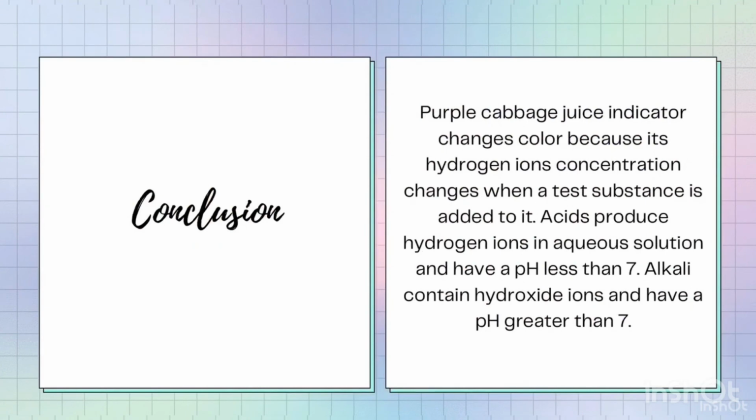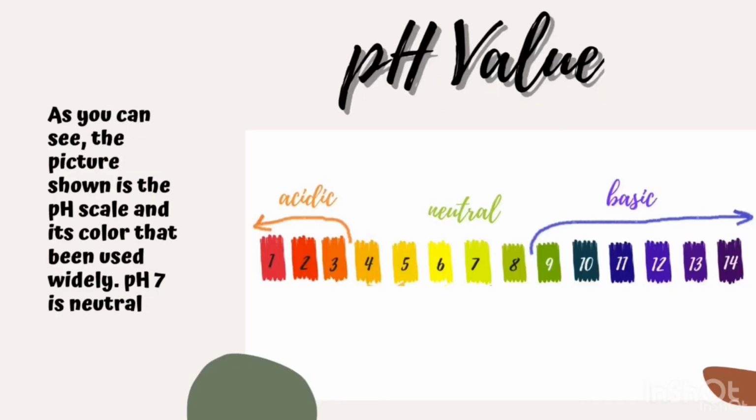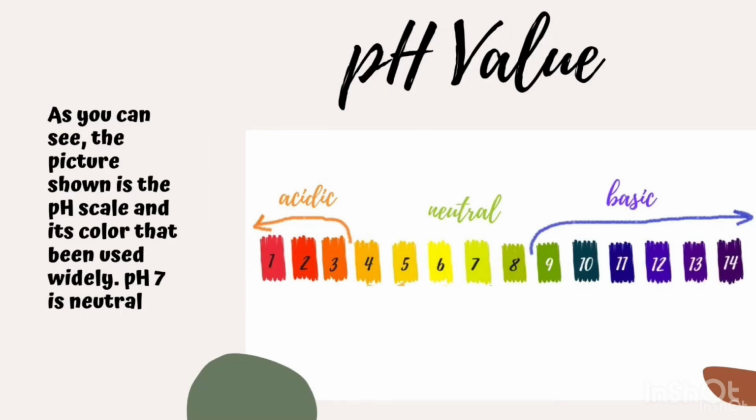In conclusion, purple cabbage juice indicator changes color because its hydrogen ion concentration changes when a test substance is added to it. Acid produces hydrogen ions in aqueous solution and has a pH less than 7, while alkali contains hydroxide ions and has a pH greater than 7. So as you can see, the picture shown is the pH scale and its color that is being used widely in this industry.